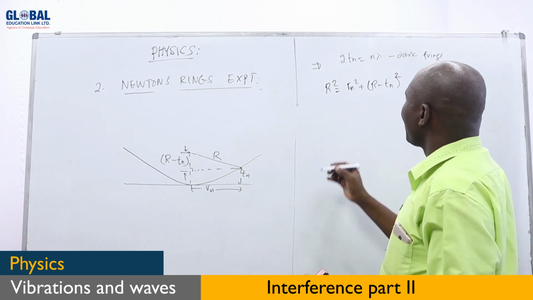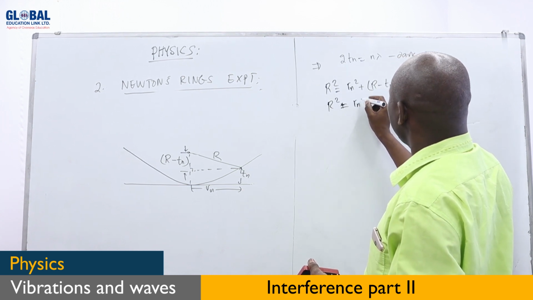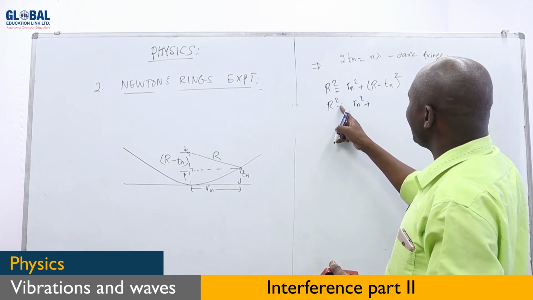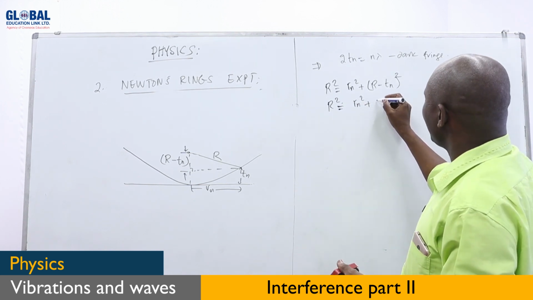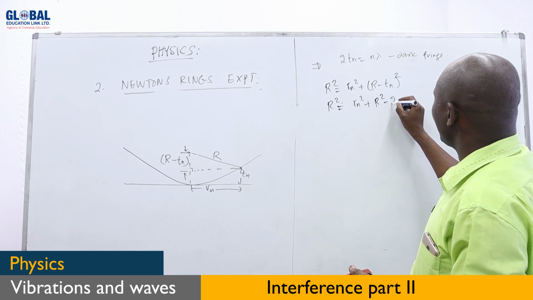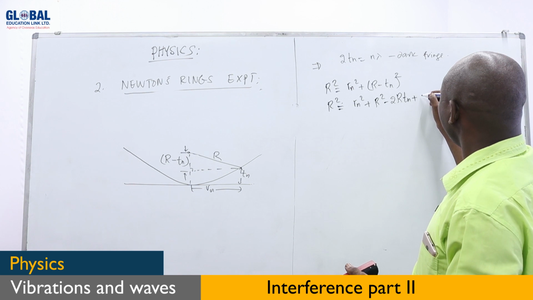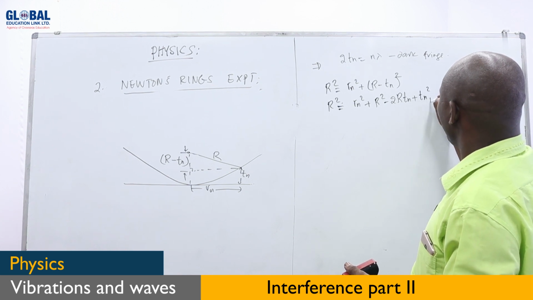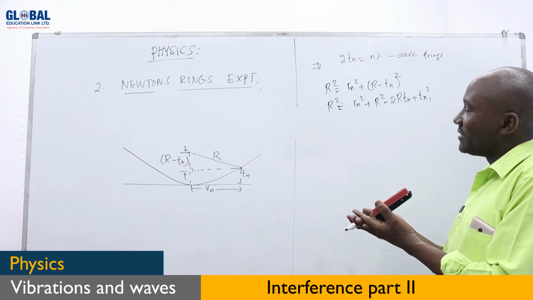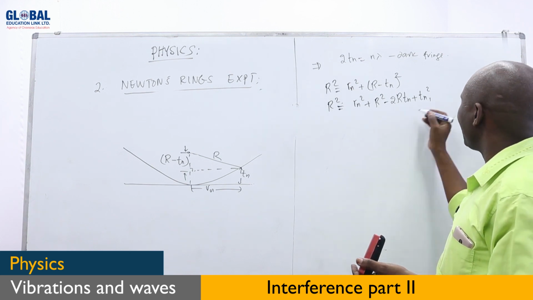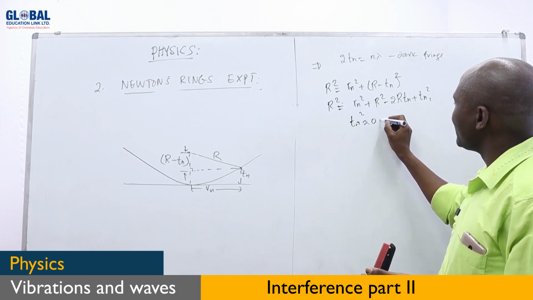Want to see the formula? This will be R squared equals Rn squared. This is the radius corresponding to the various dark and bright rings. If you open this, this will be R squared minus 2R Tn plus Tn squared. That Tn is the thickness, and when you have a small thickness in between the lens and the plate, that number is very small, and hence the square of that is also going to 0.